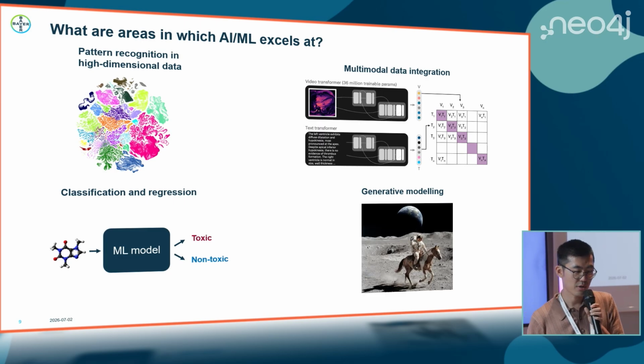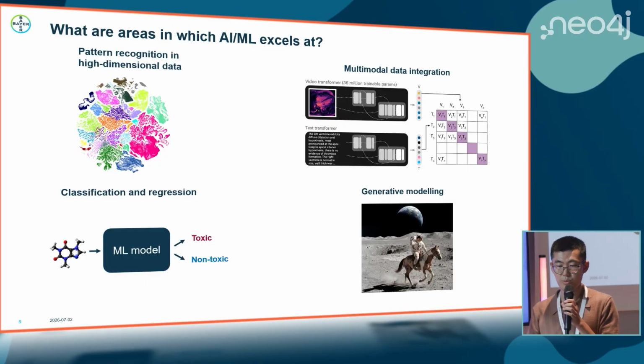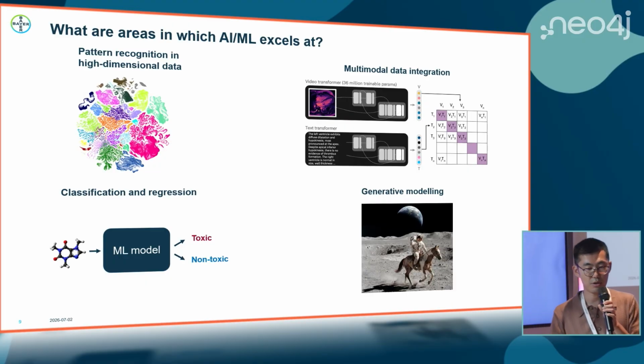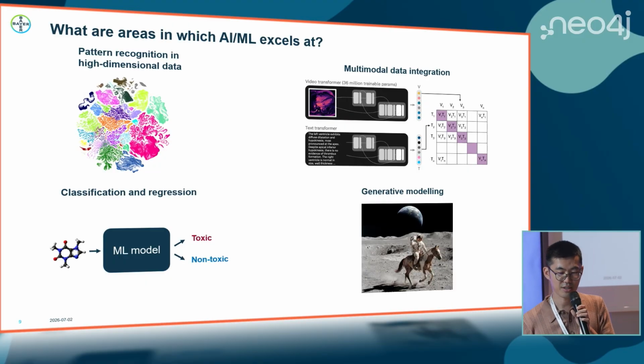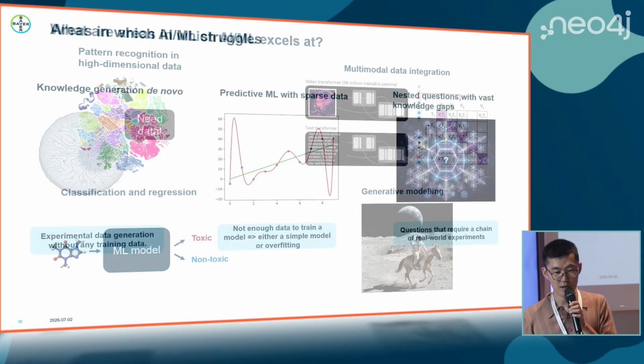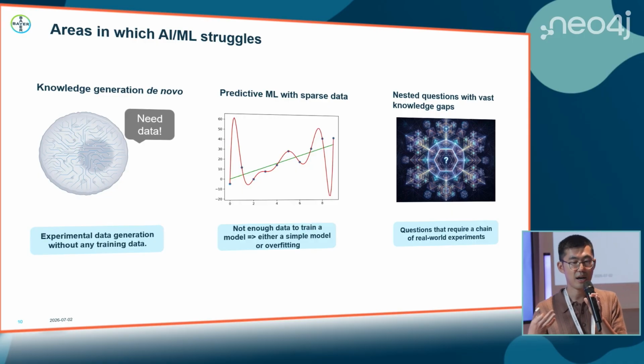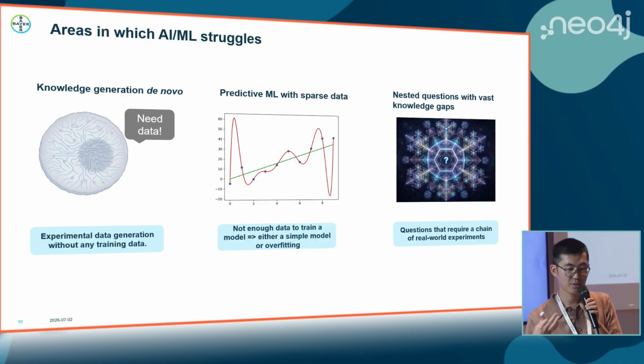Well, maybe more of a classical example is supervised learning, where you want to classify things or do regression, or increasingly now, of course, since 4 or 5 years, generative modeling, where you can generate images, text, and structures of proteins. Maybe also kind of an opinion where I think AI/ML still struggles. It's really de novo knowledge generation.